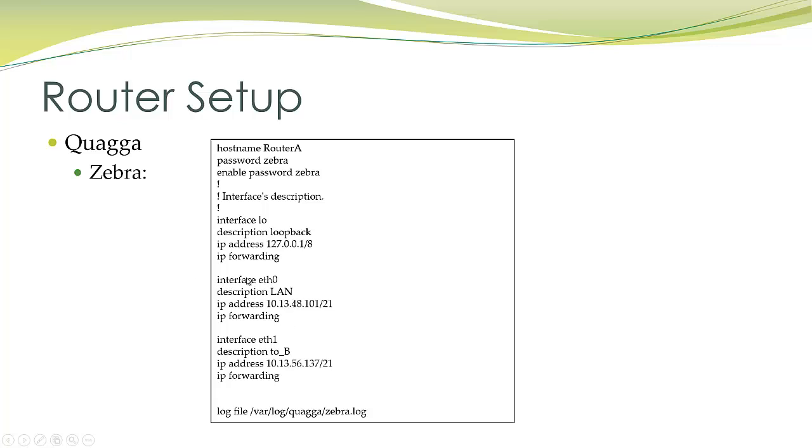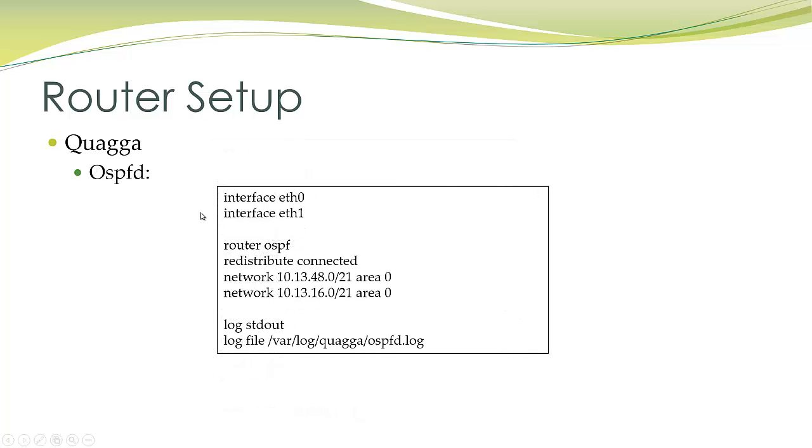We give it the IP address 10.13.48.11 for the router itself, with the /21 subnet mask. Also, the other interface, eth1, we also assign the IP address 10.13.56.137 with the /21 subnet mask. Also, IP forwarding is the most critical setup. We should keep it open.